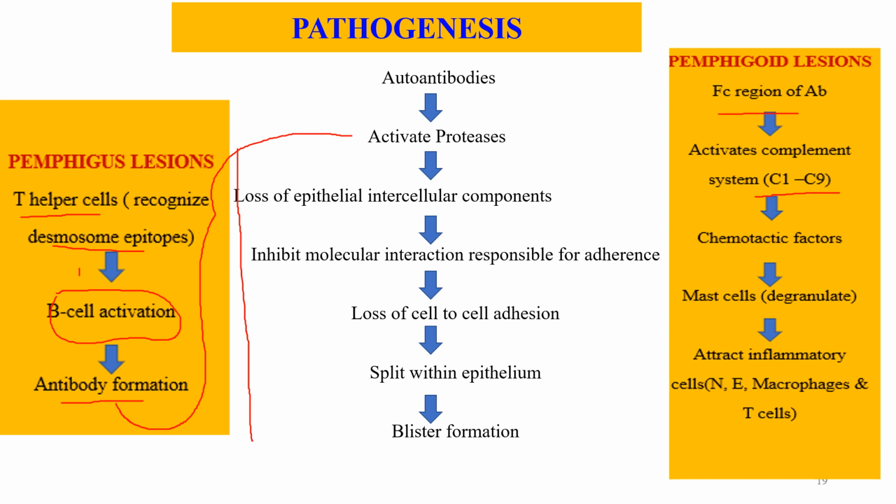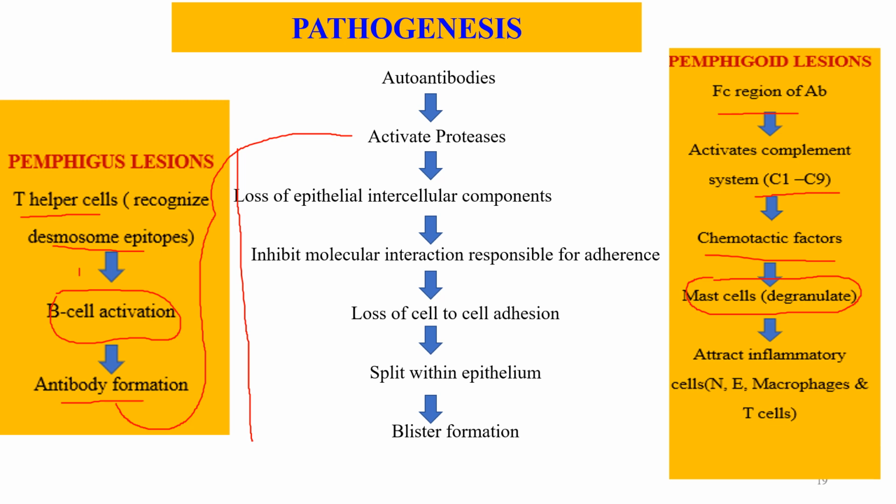Few members of the complement like C3a and C5a act as chemotactic factors and attract the mast cells, which degranulate and release interleukin, tumor necrosis factor alpha, leukotrienes and cytokines.